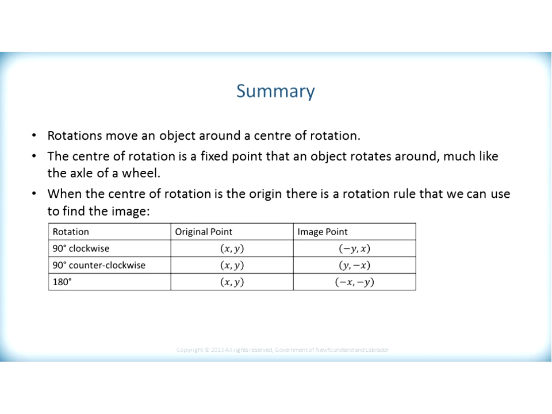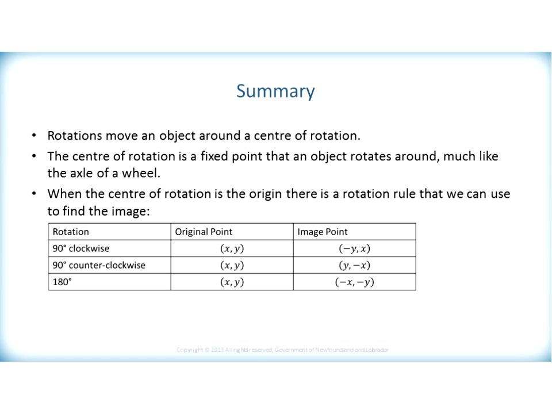So to summarize rotations, rotations move an object around a center of rotation, like an axle in a wheel, right? If you have an object, a rock, say, stuck in one of the treads of the wheel, then you can watch the rock spin around on your tire, and the center of rotation will be the axle of that wheel.